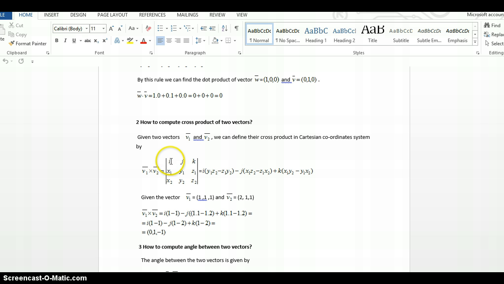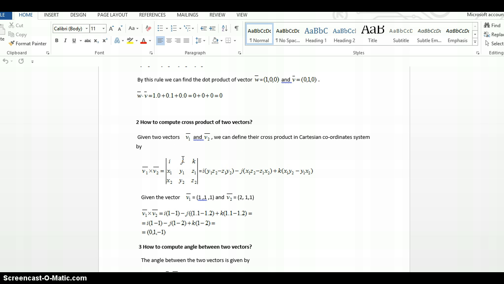The first expression you do is positive, this is minus, this is positive. So i has a positive sign, j has a minus sign, and k has a positive sign. That is why the expression begins with i positive, j negative, and k also positive.